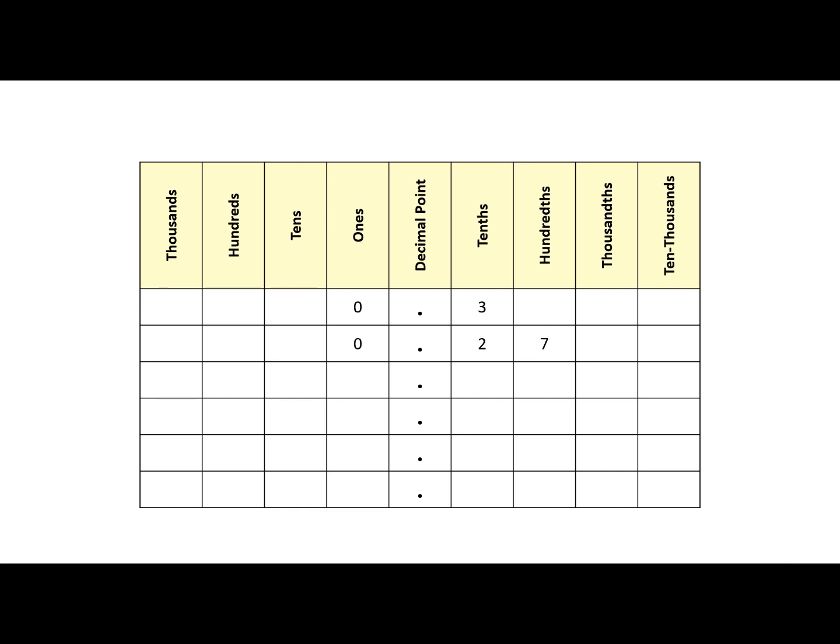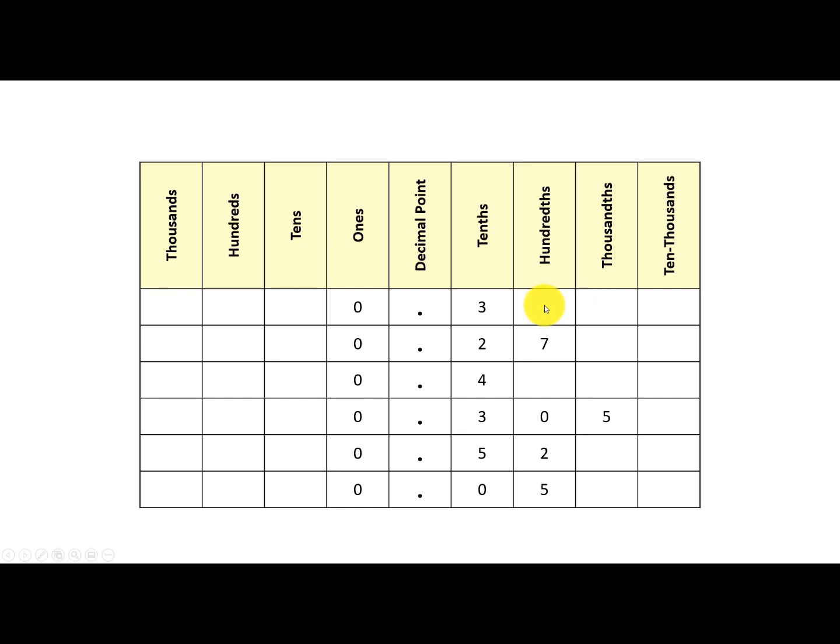Next, 0.27 is 27 hundredths. 0.4 is 4/10. 0.305 is 305 thousandths. 0.52 is 52 hundredths. And the last value, 0.05, is 5 hundredths. In order to compare these decimals, we need to give all of them the same decimal place, which in this case would be 3 decimal places.